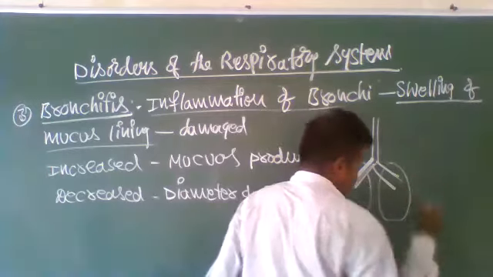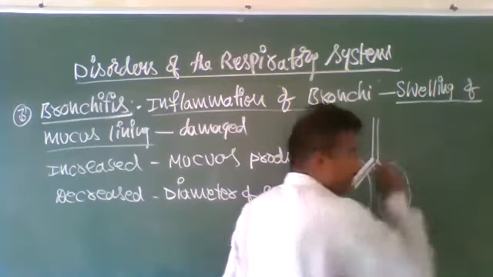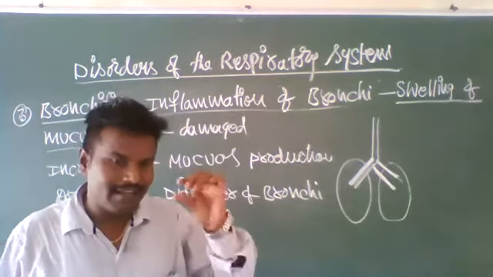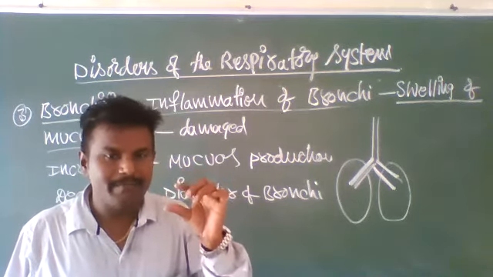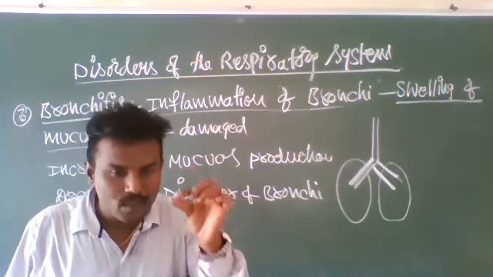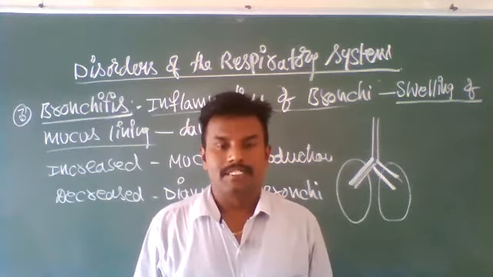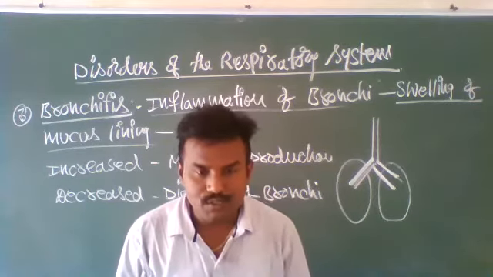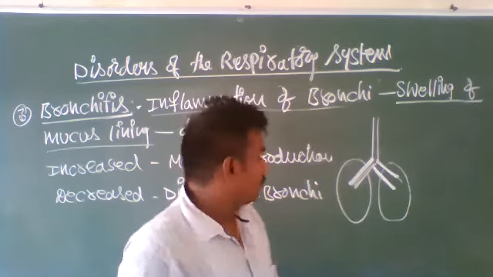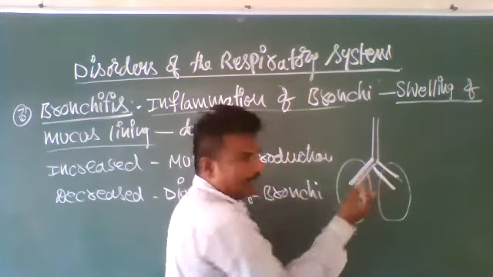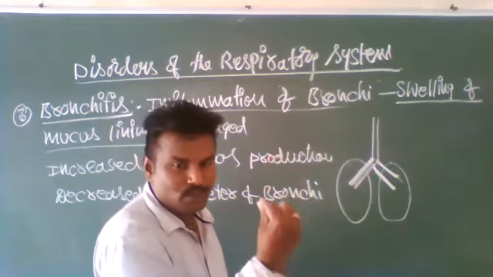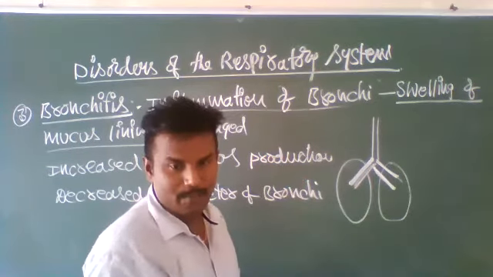So this is diameter. Diameter means length. The length of the bronchi becomes closer. Actually, when we are breathing, it expands, and when we release, it comes closer. But in this condition, the expansion and closing does not occur properly.